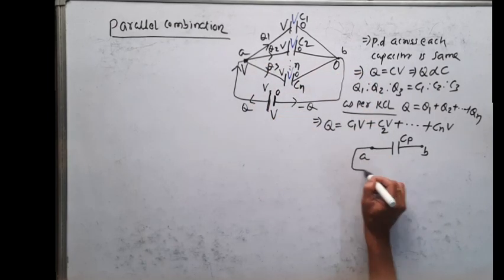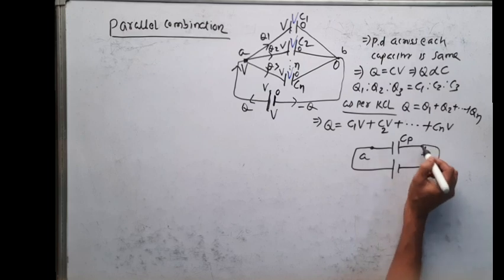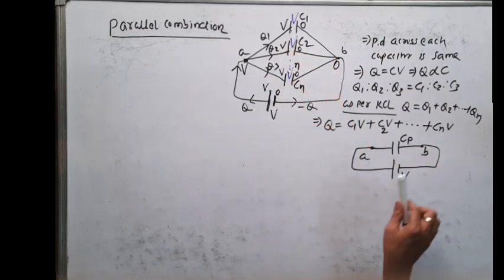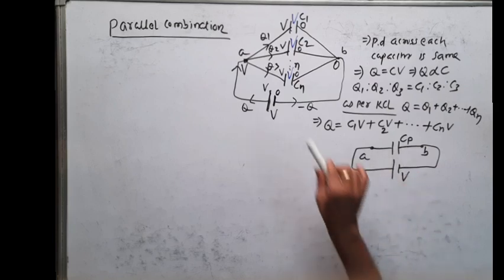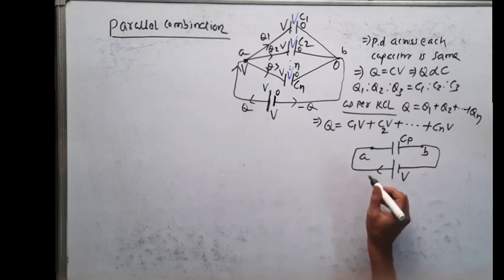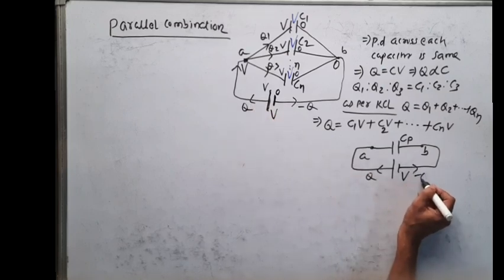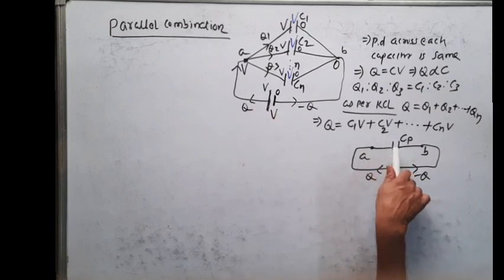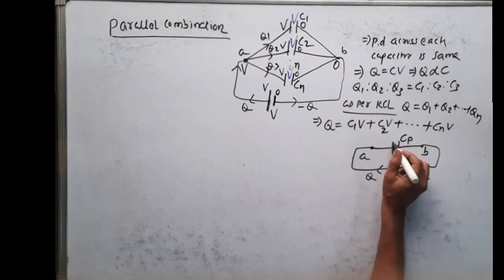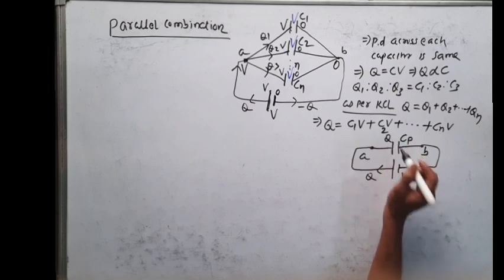Here also A and B is connected to the same source V. But instead of n capacitors, we are taking a single capacitor. The same source was sending charge Q. Here also it is sending the same charge Q and minus Q to this capacitor. So the charge across this capacitance is equal to Q.